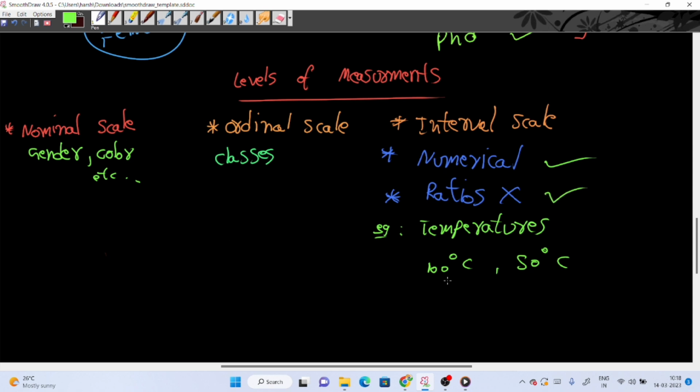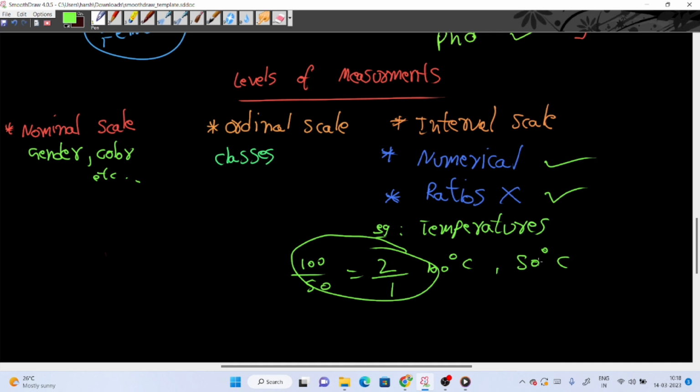So you may have a doubt: why can't we compare the ratios? We can simply do 100 by 50 and get something like 2 by 1, right? You may think that this is about ratio, but here ratio means it should be double.